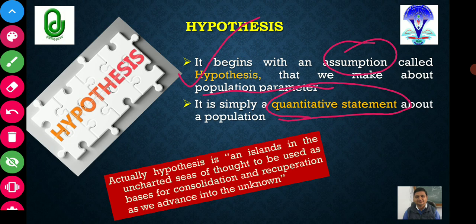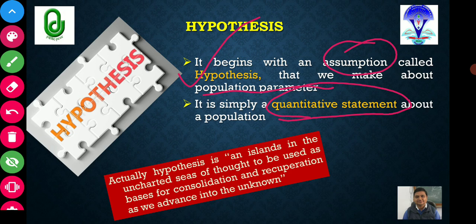We can understand it in another way. A famous scientist has described a hypothesis as an island in the uncharted sea of thoughts, to be used as a basis for consolidation and recuperation as we advance into the unknown.